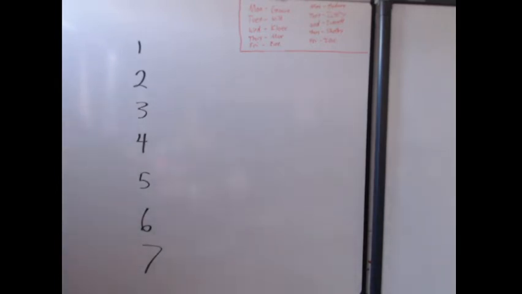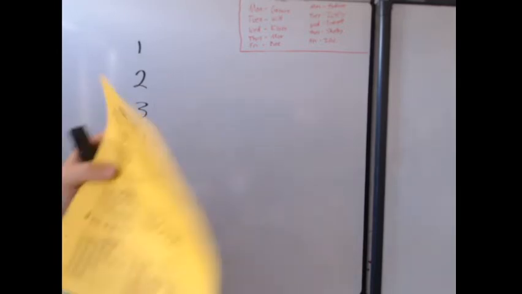Okay, and we're going to be using this page right here. So everybody get to where it says segment proofs. Okay, the handout I gave you, you are going to need when you do your take-home proofs.